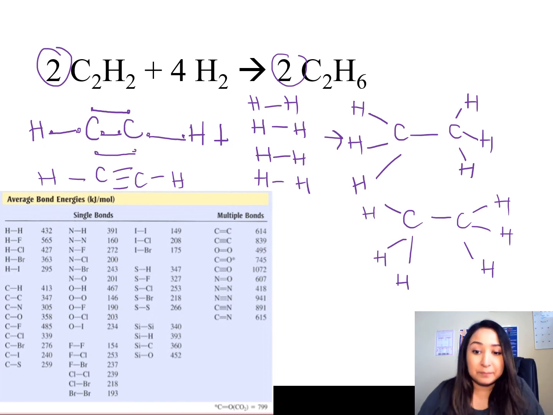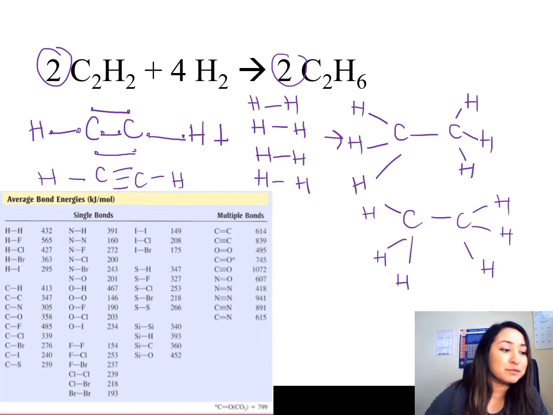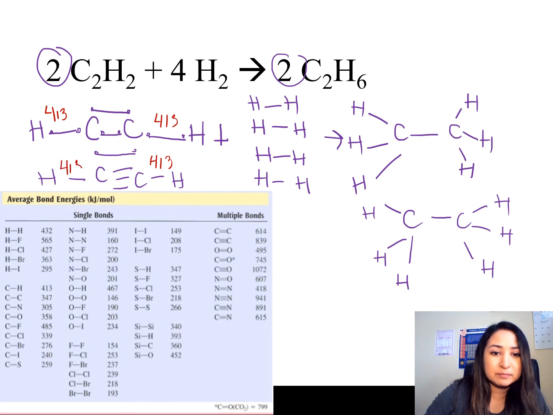Okay, so we're going to have to use a lot of bond energies for this one. So let's look from C to H. This is a single bond. So from C to H, it is 413. So 413, 413, and I'm only doing that for the C to H bonds. And I do see more on this side.